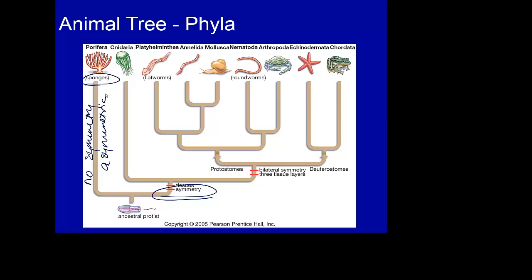All right, well, if we look at these guys, we have our cnidarians, our jellyfish that we mentioned. We said that they were radial. Everything else we're going to look at here actually falls into our bilateral symmetry. Okay, so you can see how we're starting to divide out our tree, right?